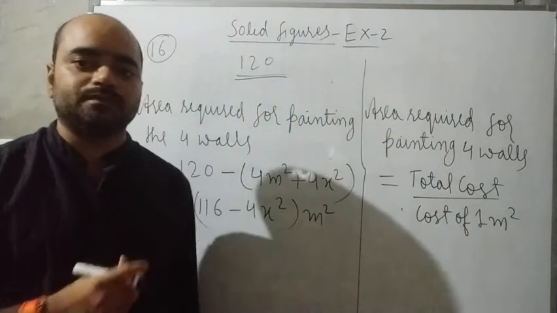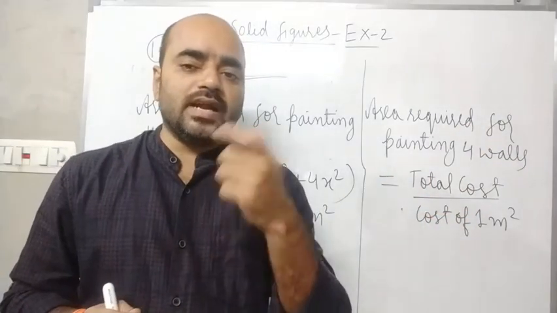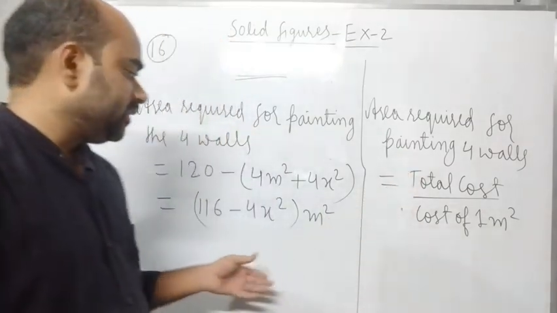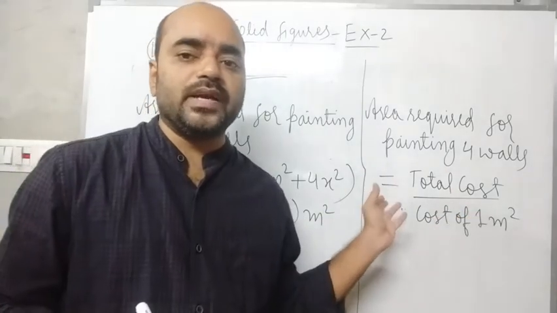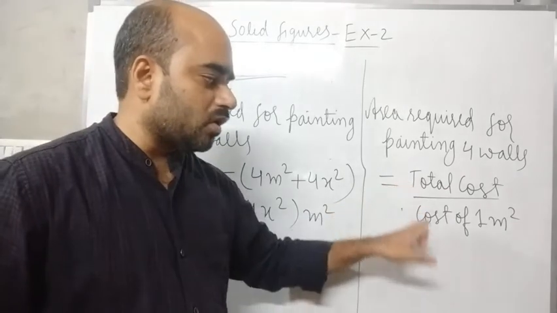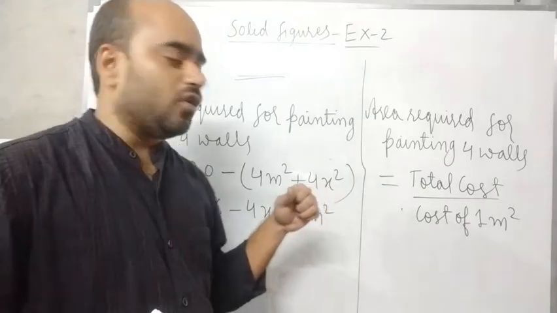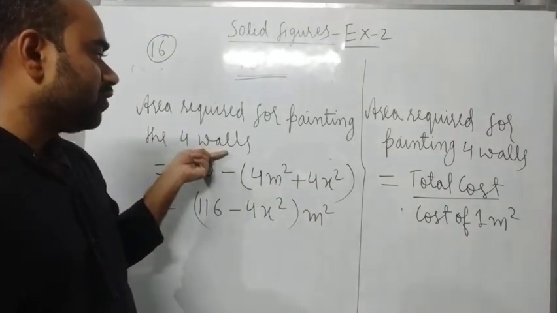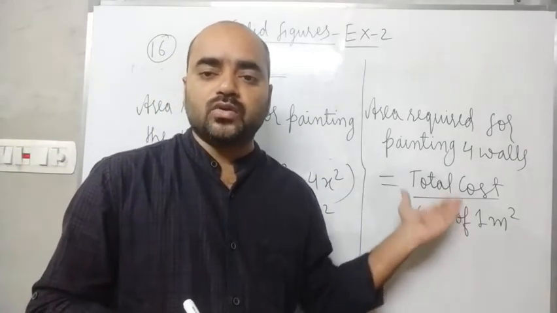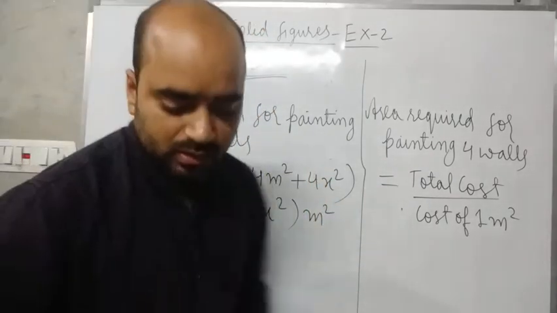Remember this formula. Whenever the cost and rate both are given, here the total cost is given for painting all the 4 walls, dividing total cost by the cost of 1 meter square gives the total area required for painting the 4 walls. If it is given for volume, then total cost upon cost of 1 meter cube will give the volume of the material.